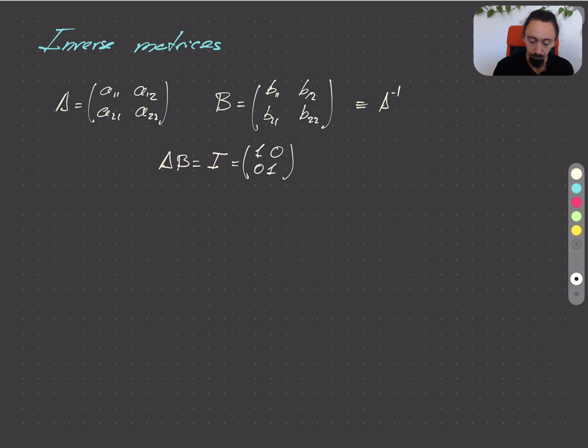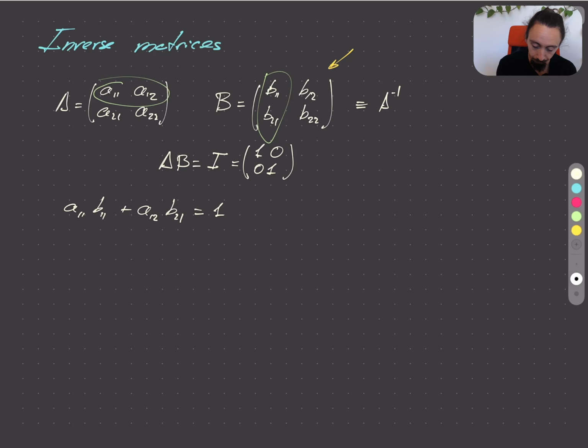Well, we have to solve a system of equations which involves these four unknowns. So let's look at the following. To solve this, we have to multiply this row by this column, and we obtain A11 B11 plus A12 B21 equals 1.